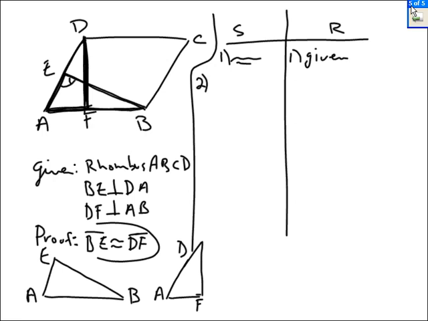Call this angle 1. Call this angle 2. Angle 1 and angle 2 are right angles. The reason is perpendicular lines meet at right angles.